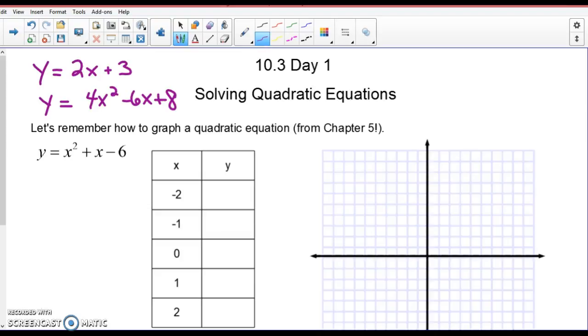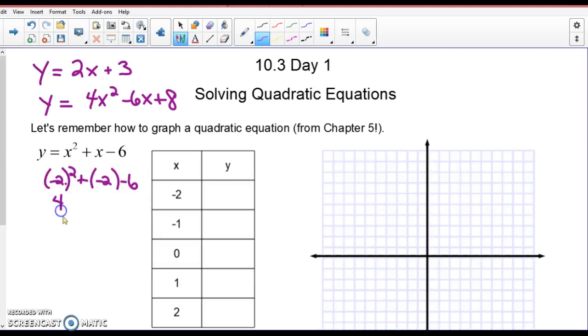Early on this year, in fact, we did part of this in chapter 5. We graphed quadratics by making a table of values. Now, let's do this like we did in chapter 5. If I plug in -2 for x, I will have -2 squared plus -2 minus 6.